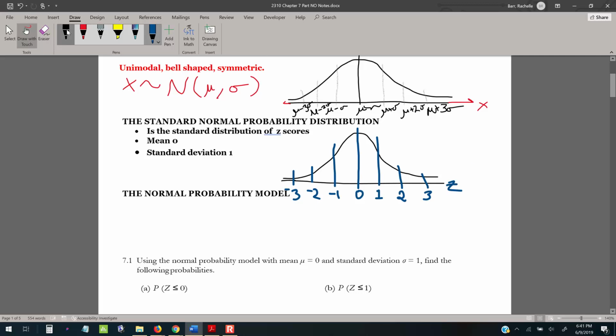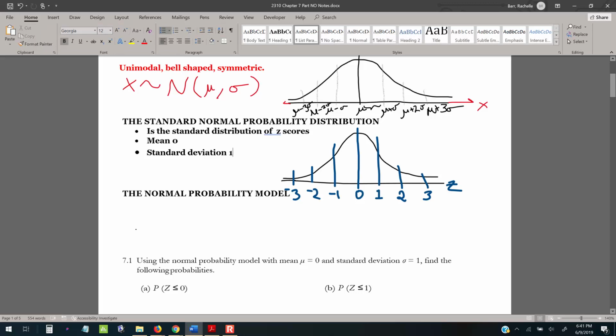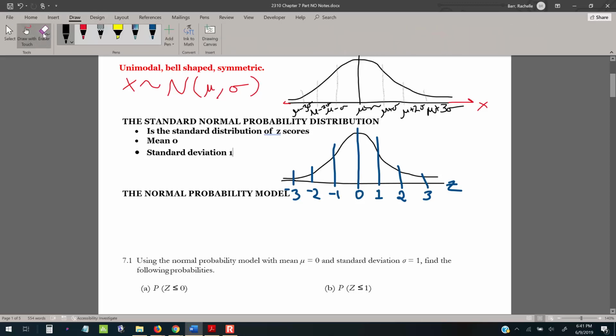Yay! So this would be z. That's it. Done. So then what's the normal probability model? Well, that's when you want to find probability on the normal distribution, and in order to do that, you are going to be using area. So area is making probability for these distributions. Woohoo!